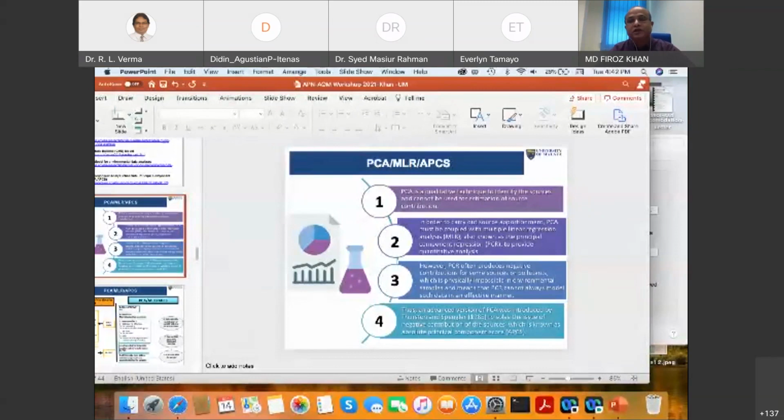Still, there is a limitation, a disadvantage, that this integration of PCA with MLR, sometimes called PCR, principal component regression model, often introduces negative coefficient factors. So that negative coefficient is physically meaningless.